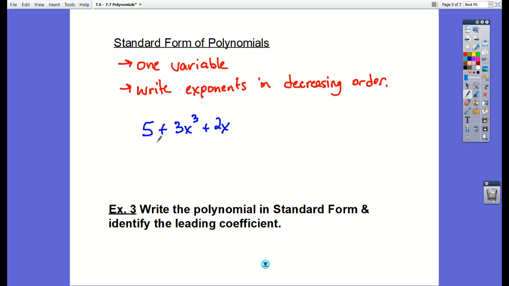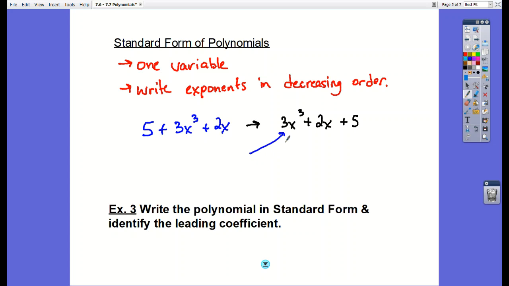Cubic trinomial. This is not in standard form because the exponents are not decreasing. So this would be 3x cubed plus 2x plus 5. Now our exponents go 3, 1, 0. That's a decreasing order.